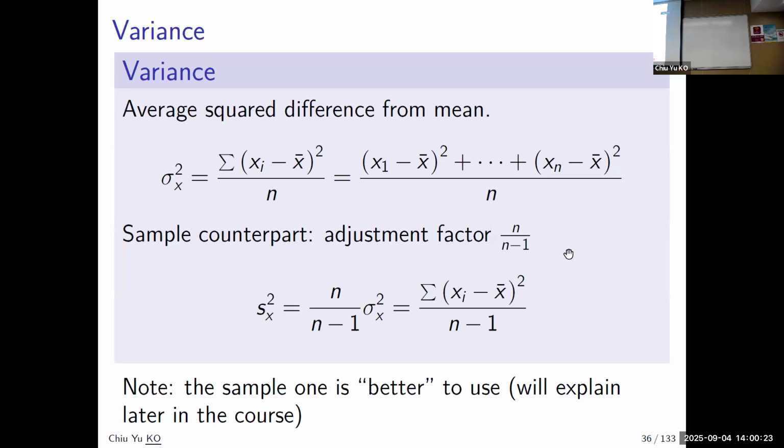That's what I say. One of the reasons is that this X bar is also obtained from the data. So that's the reason why, later, you will see that if you want to guess the population variance nicely, you have to use n minus 1.